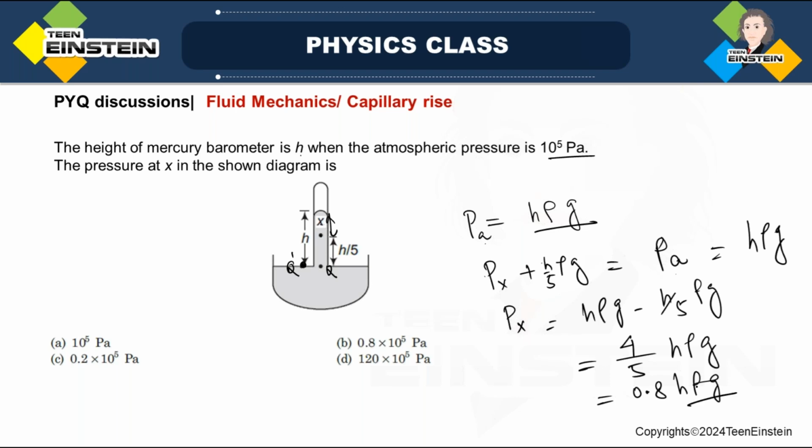H rho G is 10 to the power 5, so this is 0.8 into 10 to the power 5 Pascal. So option B will be the correct answer for this question.